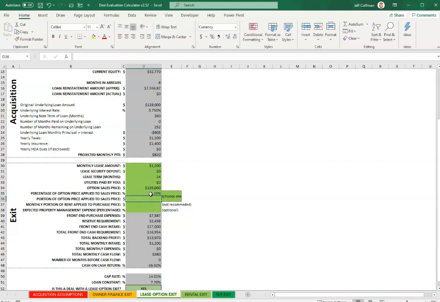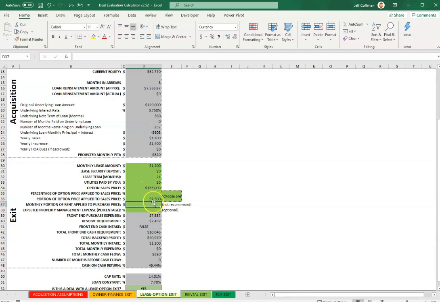And then this is all going to autofill. If you would rather have a set amount, let's say you're looking for $7,500 up front, you'll use $7,500 as the amount that is deducted from this sales price.